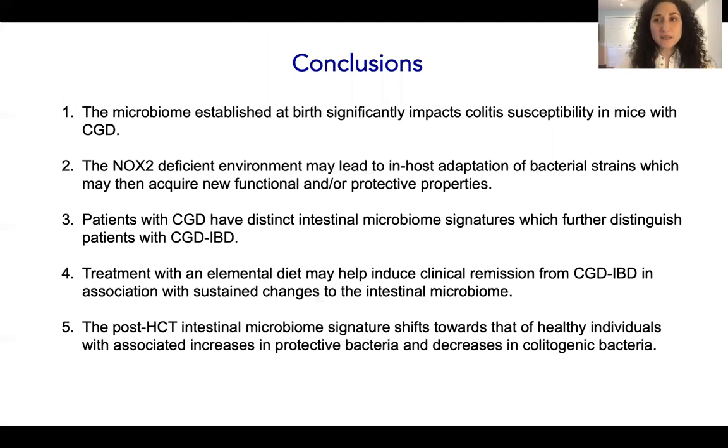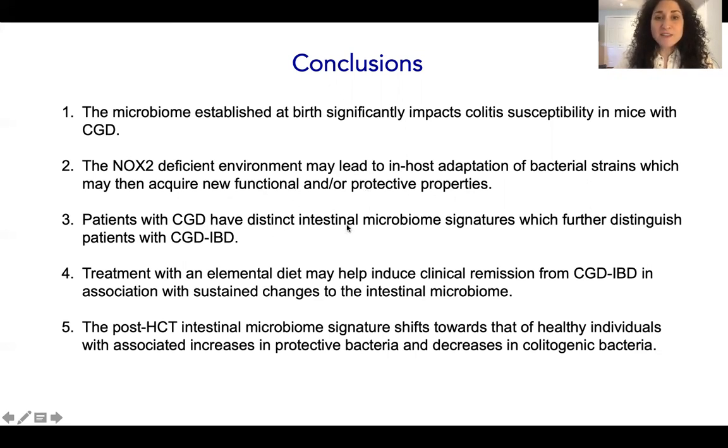So in conclusion, the microbiome established at birth significantly impacts colitis susceptibility in mice with CGD. We also know that the NOX2-deficient environment may lead to in-host adaptation of bacterial strains, which may then acquire new functional and/or protective properties.